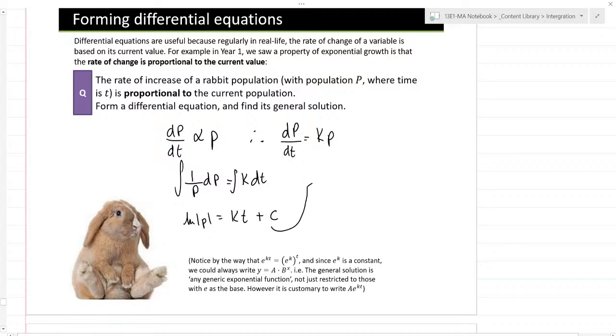So then my last little part here is to write this in terms of p. And we write this as p is equal to e to the power of kt plus c. However, I don't like that plus c in my power, so I write it as p is equal to a e to the kt. Yeah? We're using that as a constant.